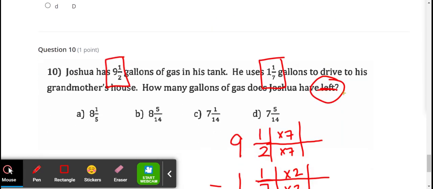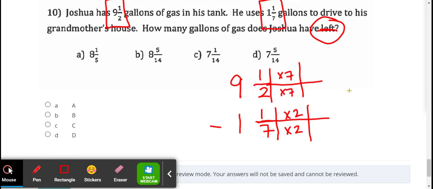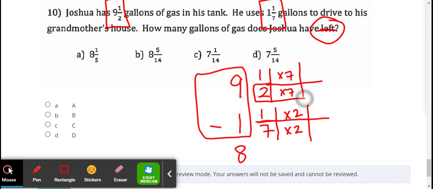All right, now for the last one, Joshua's using some gas. Using it, he's trying to find out how much is left. So we need to subtract to find the difference. So we got 9 minus 1, so we have 8 whole gallons. Now we need to change the fractions to a common denominator. 2 times 7 is 14. 7 times 2 is 14. 1 times 2, and 1 times 7.